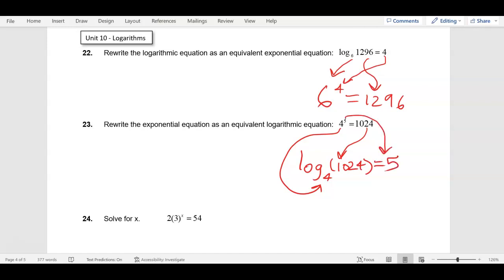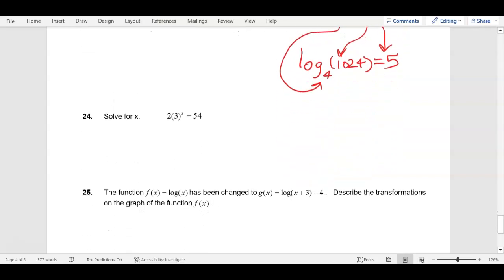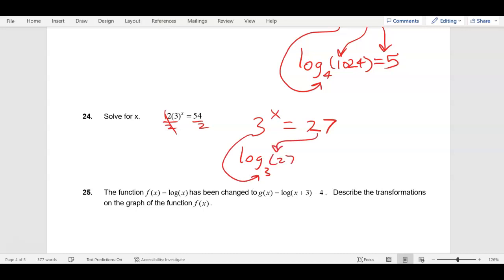Cool. You should be able to solve some of these. To get rid of the coefficient, you divide by 2, and you divide by 2. So you get 3 to the x equals 27. All right, and then you got to make this a log. So log base 3 of 27 equals x.